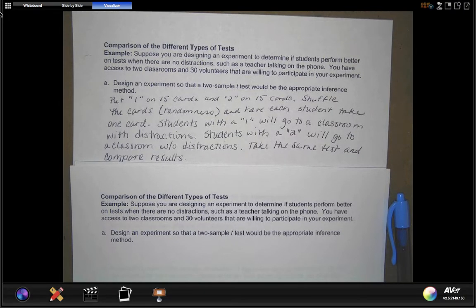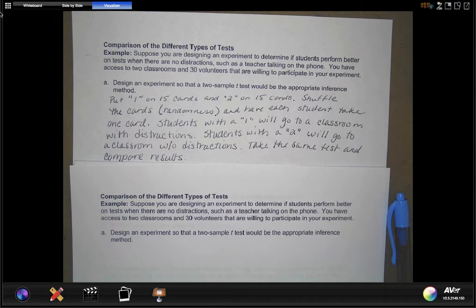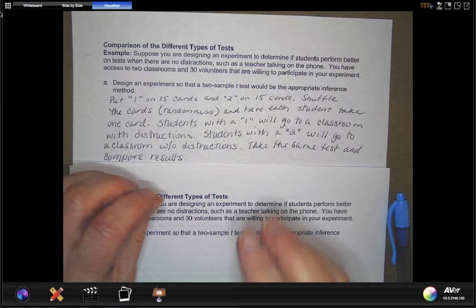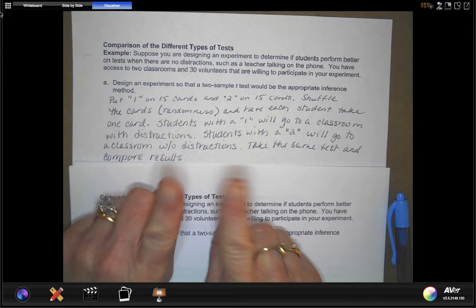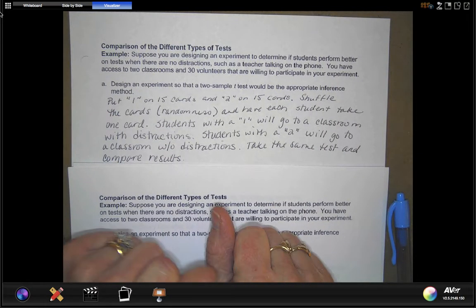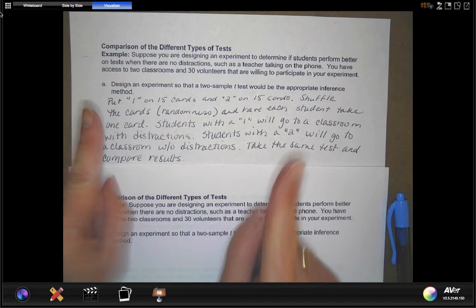Students with the 1 will go to the classroom without distractions. Students with the 2 will go to the classroom with distractions. Take the same test and compare the results. So I've got 15 students being distracted and 15 students not being distracted. I have 2 separate groups. So Sally's over here, she's not over here.